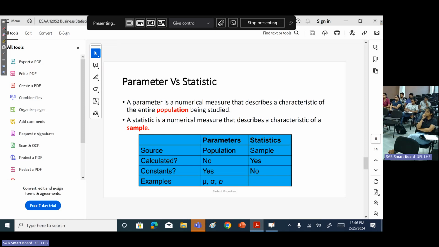It is a numerical measure that describes the characteristic of the sample. Statistic values are not constant, and it can be calculated. Okay, clear?